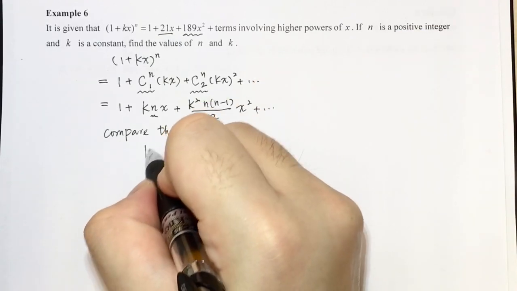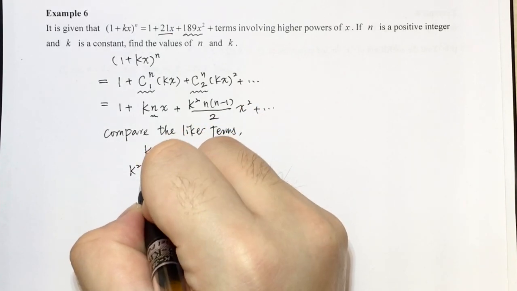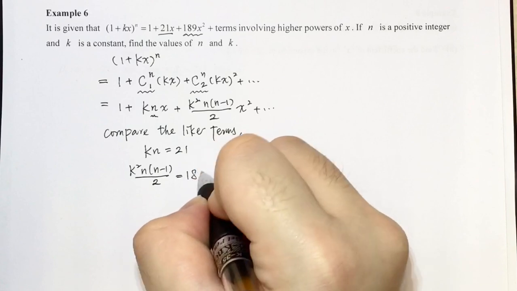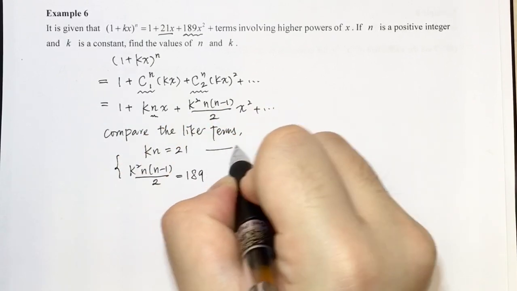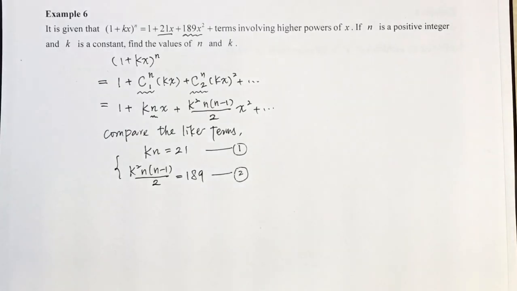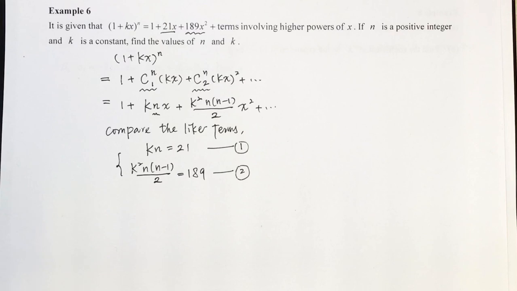We have kn is 21, k squared n times n minus 1 over 2 equals 189. I mark the first as the first equation, the second line as the second equation. Now, you just need to eliminate one of the unknowns in order to find n and k.